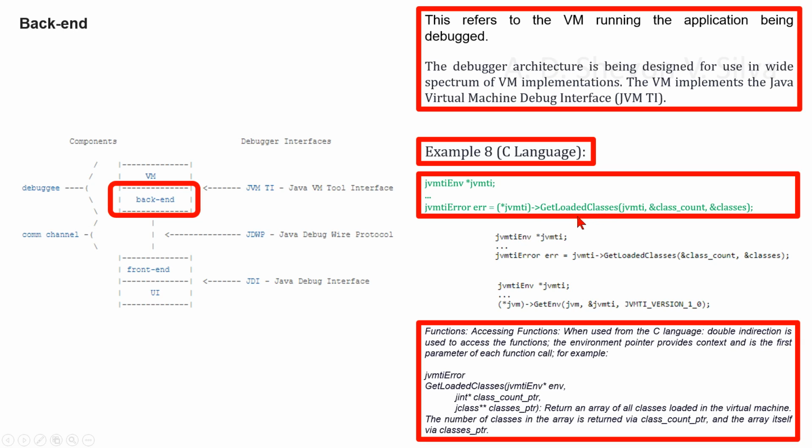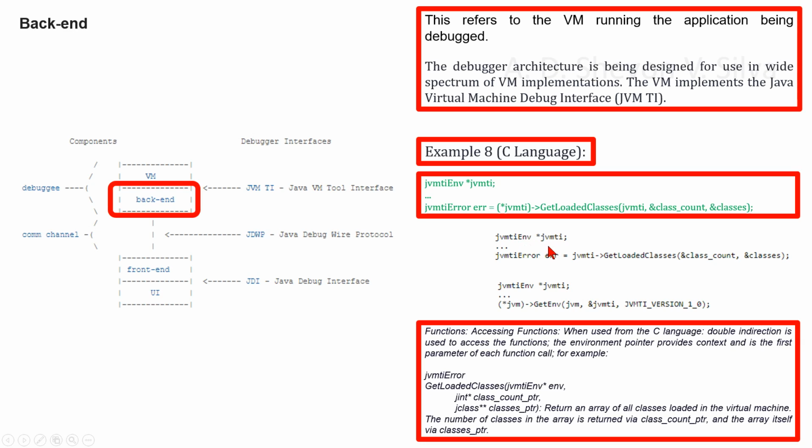When used from the C++ language, functions are accessed as member functions of jvmtiEnv, and the environment pointer is not passed to the function call.